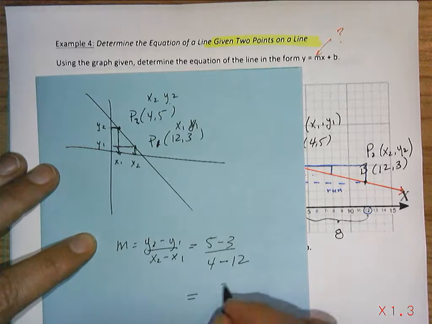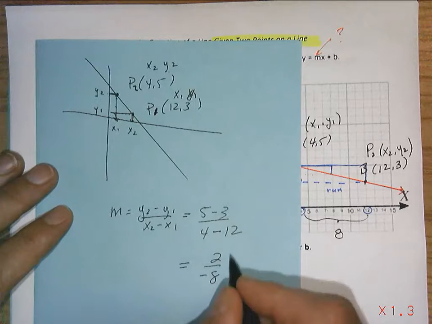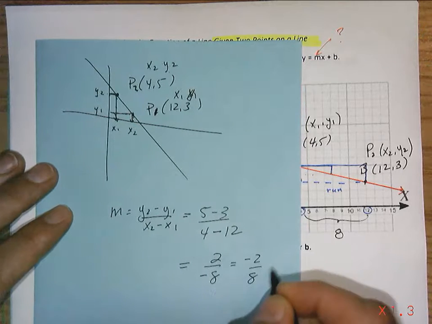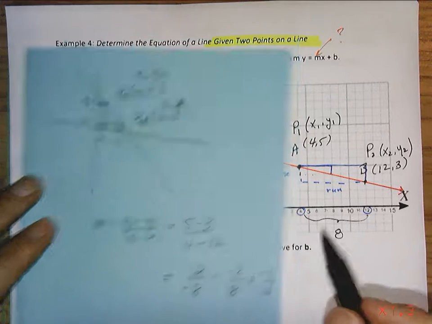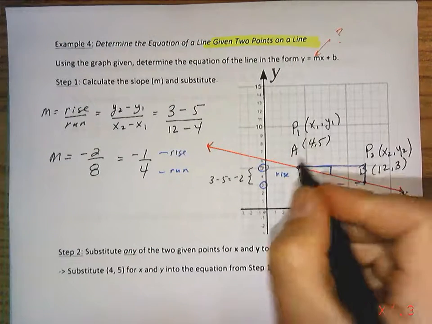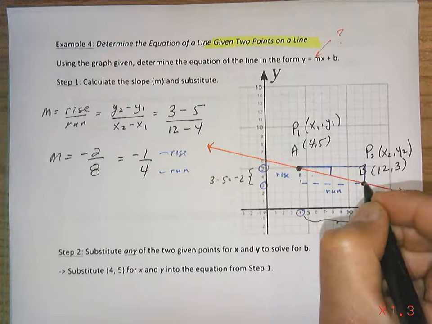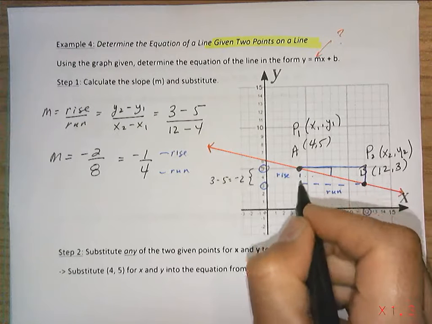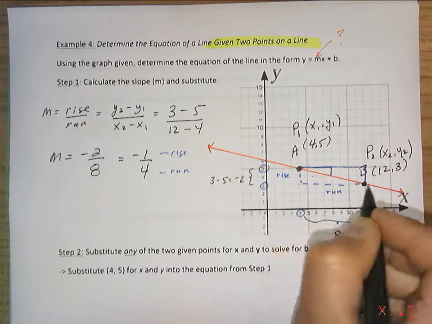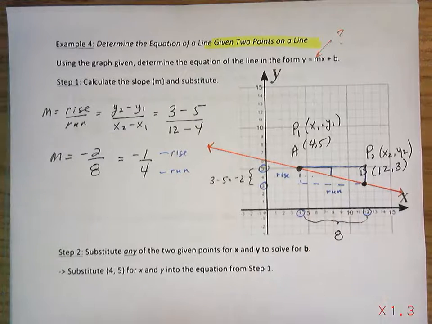That'll give you an answer of 2 over negative 8. This negative can be put in the top, and it can be reduced, which is the same answer that we got before. So in other words, it doesn't matter if I take my slope from this point going to this point, or if I take it from this point going back to that point. This rate triangle is still the same. It gives us the same slope.